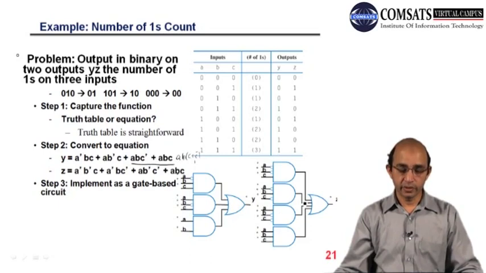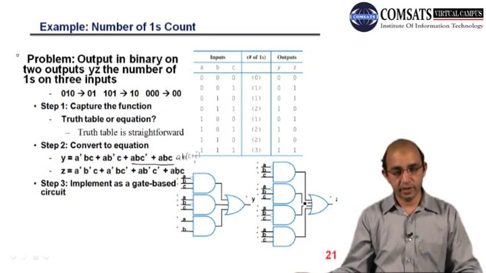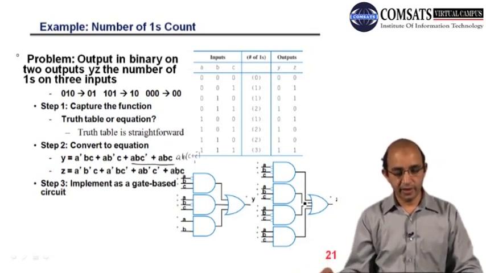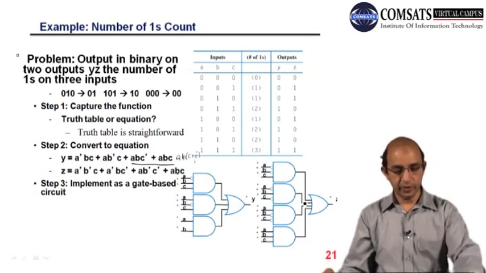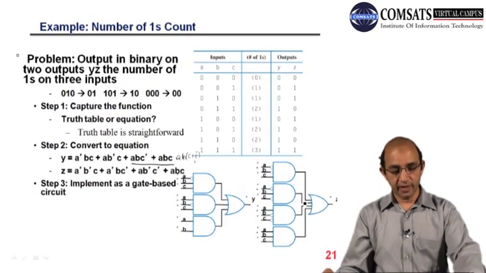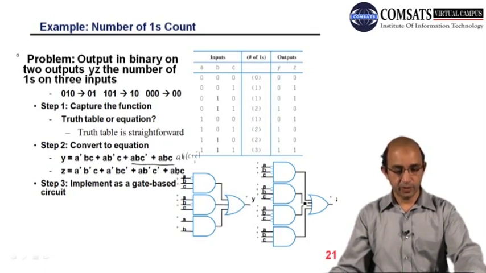In today's lecture we have tried to design some digital circuits on the basis of the required functionality. Like if you look here, we have a circuit that can detect 3 consecutive ones. Here we have designed a circuit that is counting the number of ones.